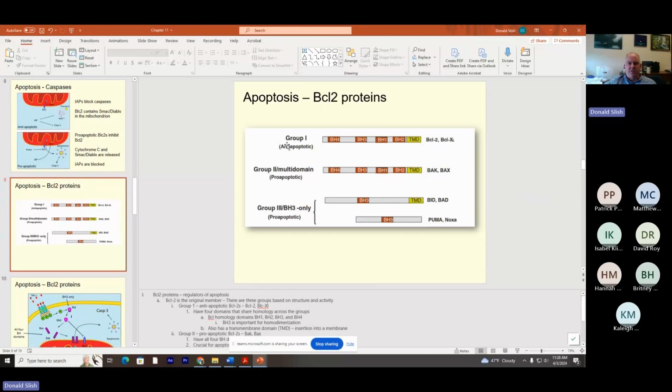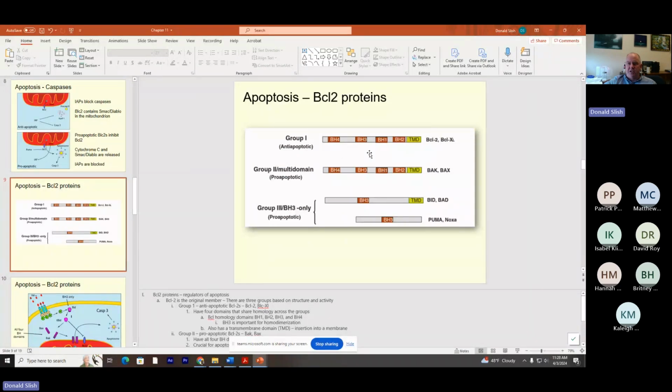BCL2 proteins, how are these things working? I'm glad you asked. So we've got three different groups. Group 1 is the anti-apoptotic BCL2s. Structurally very similar are the multi-domain pro-apoptotics. And these have got 4 different domains of homology between them.